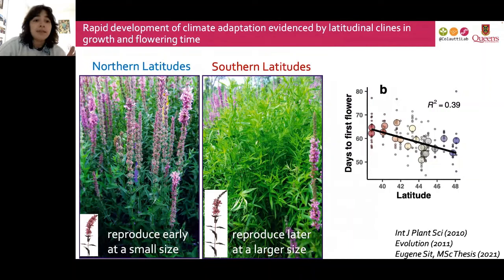So plants that flower earlier, in order to get through an entire reproductive cycle before the first frost, will stay small and produce fewer seeds. Plants from southern latitudes have a longer growing season, and therefore can take a longer time to get nice and big vegetatively before flowering, and then ultimately produce more seeds. And we see that this is pretty consistent across latitudes.